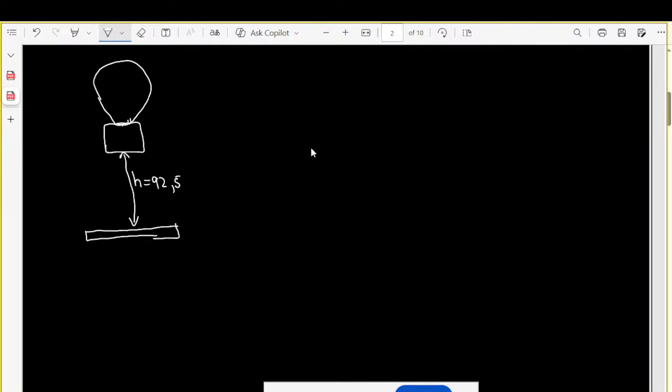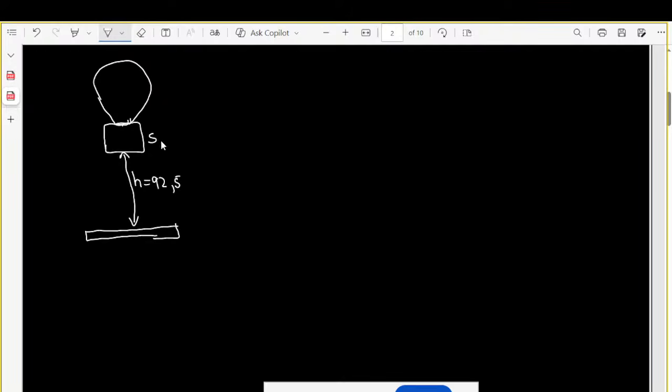Look at this now. At a height of 92.5 meters, we're going to drop a sandbag. Let's say it is accidentally dislodged. So we're going to drop the sandbag.